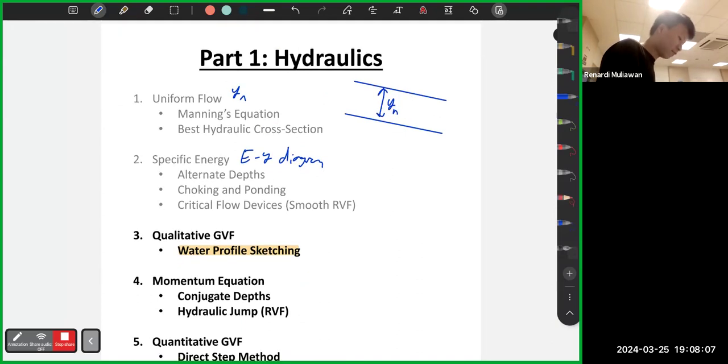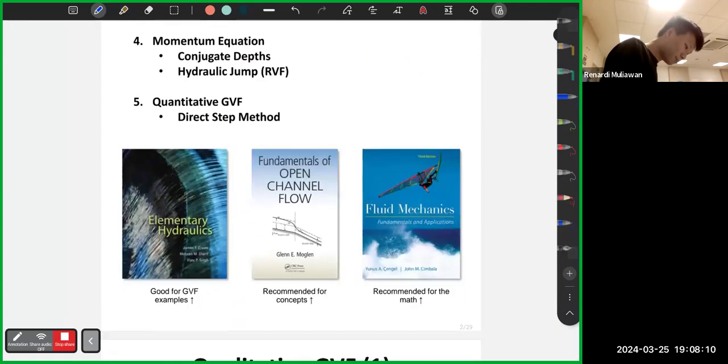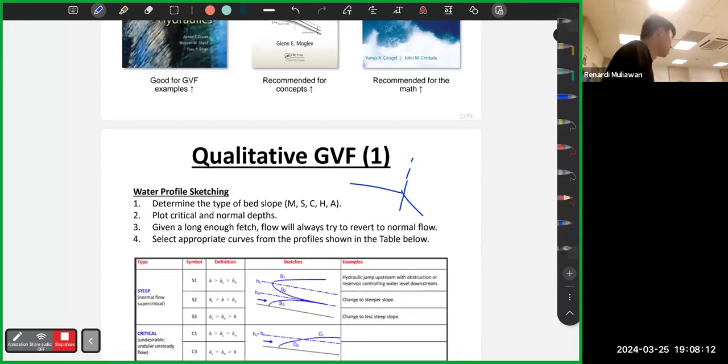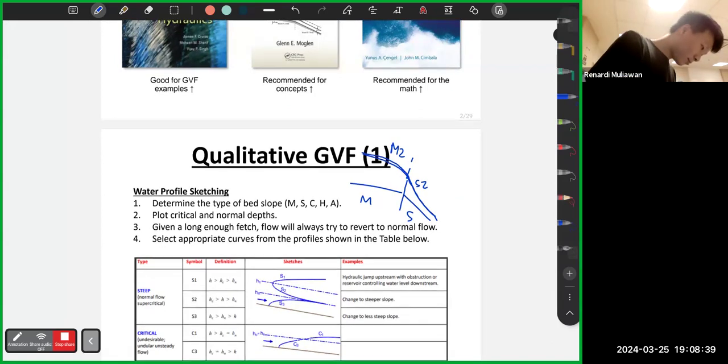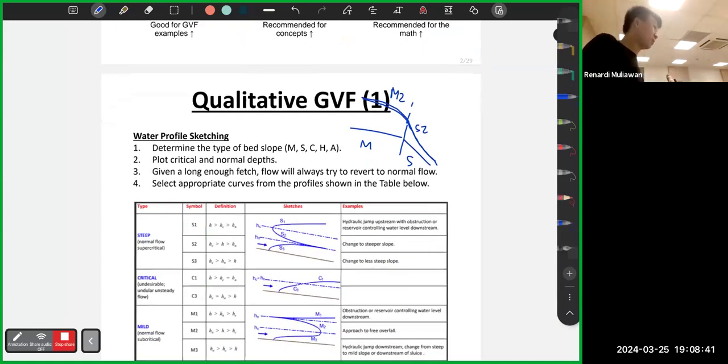However, in this part of the course there will be obstructions or changes in conditions, for example a mild slope or a steep slope. I'll explain what these are later, but the water will look something like this. It will be curvy. This one is M2, this one is S2. I'll explain this in a minute, but basically for GVF the water profile is not straight, it's curvy. So how do you know how the water behaves in this change of condition?